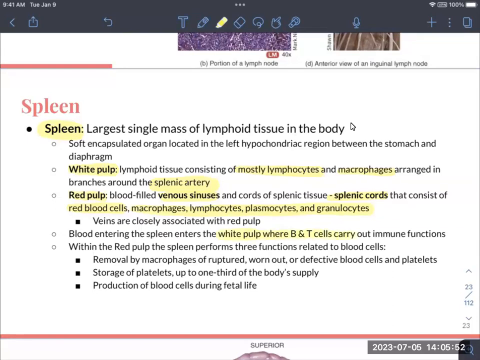We have B and T cells that are going to kind of monitor that blood as it's coming through to help with different immune system functions. In the red pulp, our macrophages are going to get rid of, engulf those red blood cells, break them apart. We also can store platelets in that red pulp.